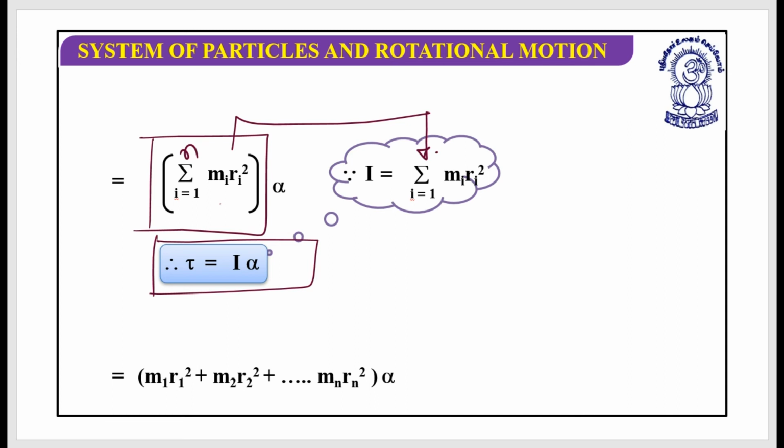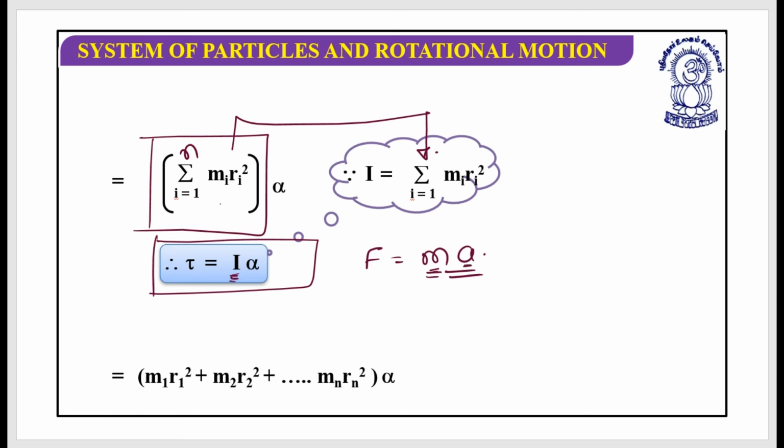Same way, it is the same situation that we had when we were dealing with force. We have this relation, if you remember, F is equal to ma. So this is the linear system, this is the rotational system. Mass is the inertia of the linear system, while moment of inertia is the rotational analogue of mass.